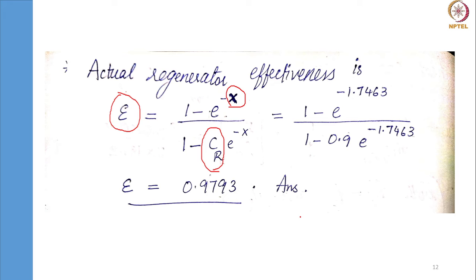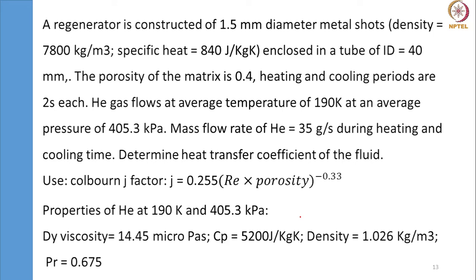Okay. If there are no questions, we'll take up one more problem from Barron, Cryogenic Heat Transfer. We have a regenerator which is constructed with metal shards of 1.5 mm diameter, having a density of 7,800 kg per meter cube, and the specific heat is given.